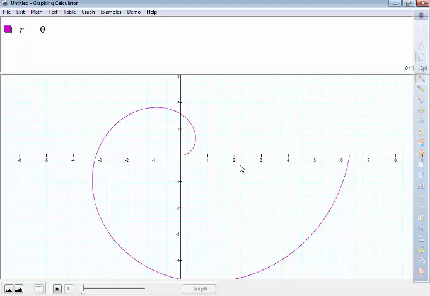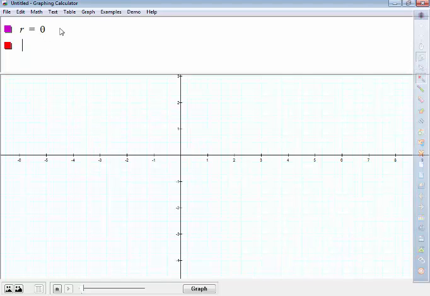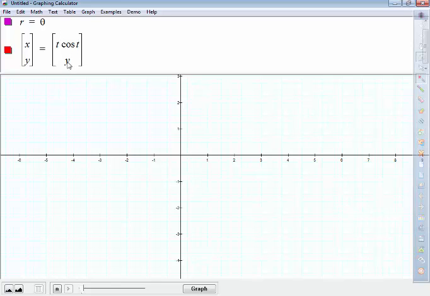Now, if I want to compare this with a parametric equation, my program tells me that I need to use t for the parametric equation. So as I set up my parametric equation, I'll remember to use t. So instead of theta, I'll use t, and then I have to remember to multiply it by the cosine of t, and then I'll do the same for the y value.